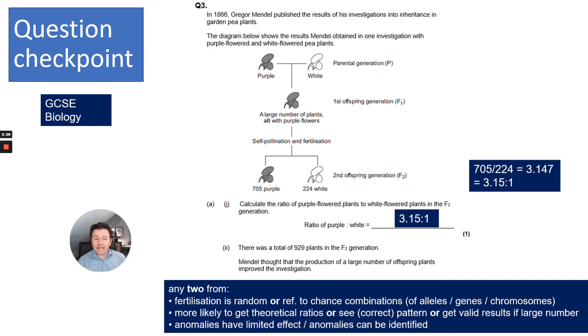You're more likely to get theoretical ratios or a correct pattern or valid results if you use a large number of experimental results. And also, if you have a large sample, anomalies have a limited effect and they can actually be identified in the data. So that's more about working scientifically, that question.